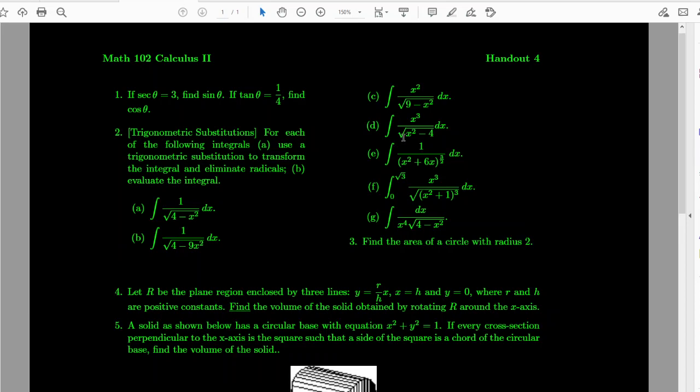For all of them, you have a radical involved. In most cases, you have a square root in the integral. In this case, we are using trig substitutions. So basically, we want to do something to get rid of the radicals.